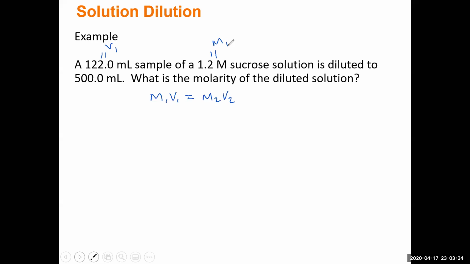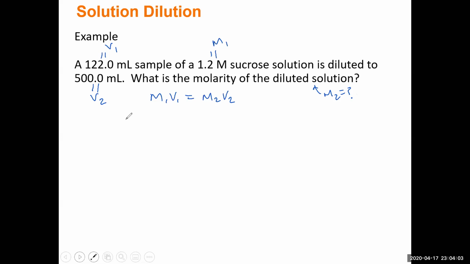And that's diluted to a new volume of 500.0 milliliters, so that will be our V2. And we want to solve for the molarity of the diluted solution. So after we have diluted it, what is the molarity? So we're solving for M2.